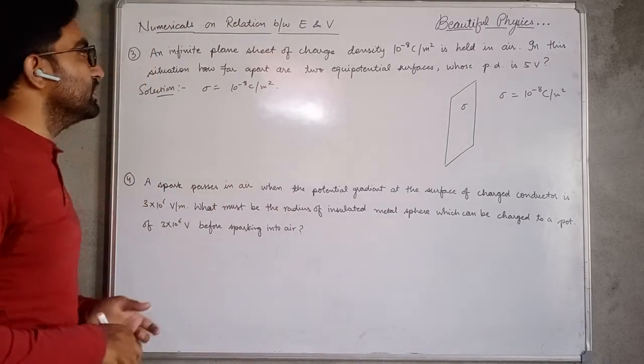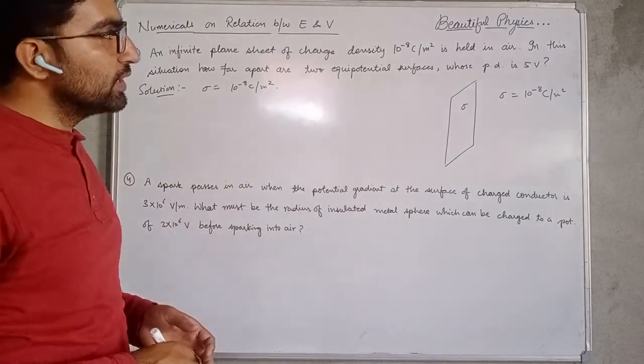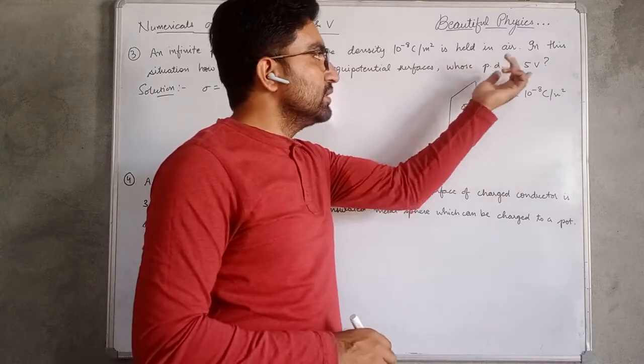In this situation, how far apart are two equipotential surfaces whose potential difference is 5 volt?